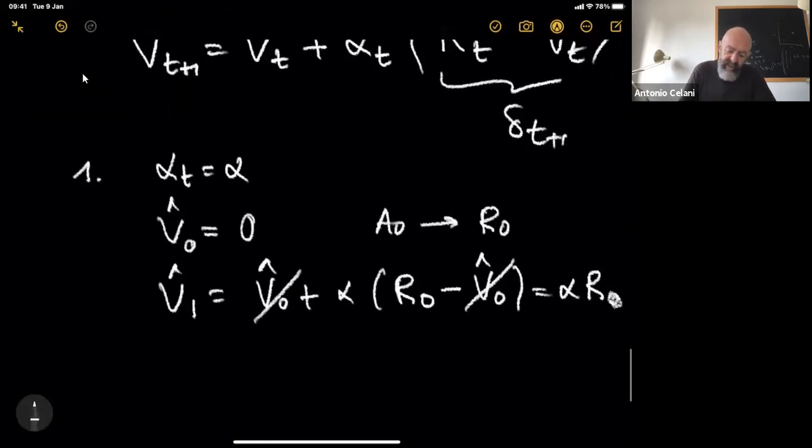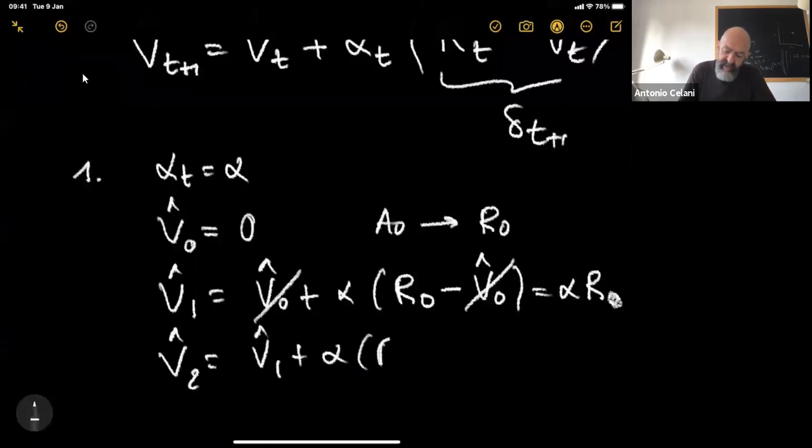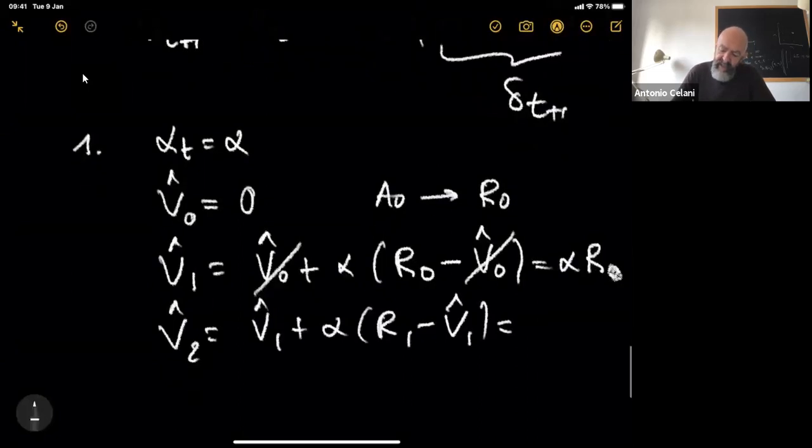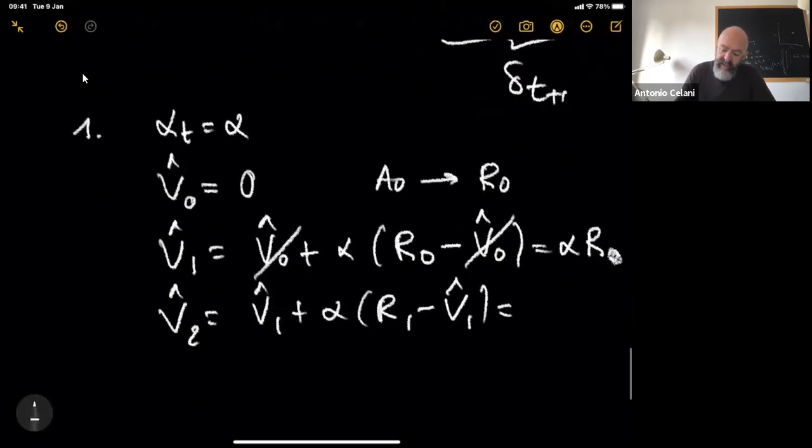And then I go to the second step. The second step tells me that I have to do v1 plus alpha times the new reward minus v1. Then I just have to plug in this expression from the previous time.